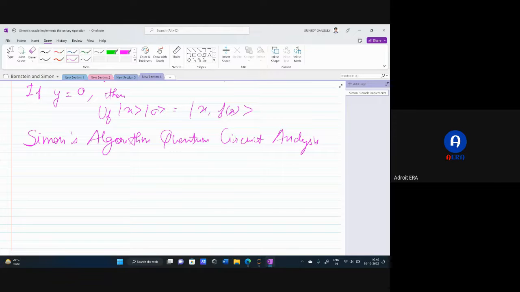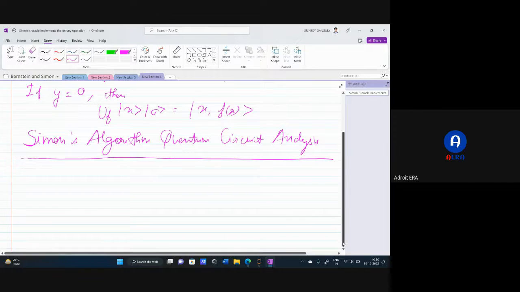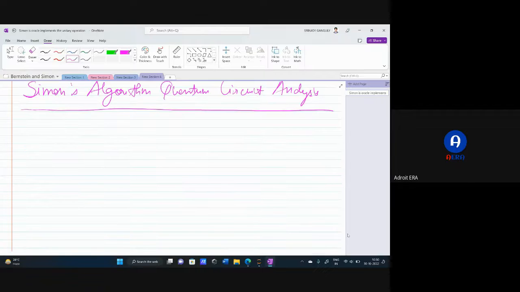Now let us see. Let us start with the circuit. As we have already done this, it should not be so difficult for you to understand. We have done this several times before. We start with ket 0, and then we apply Hadamard tensor n.